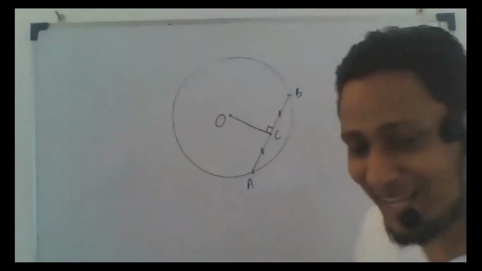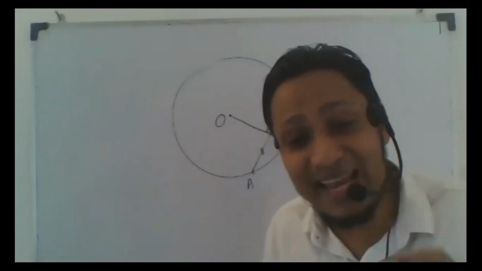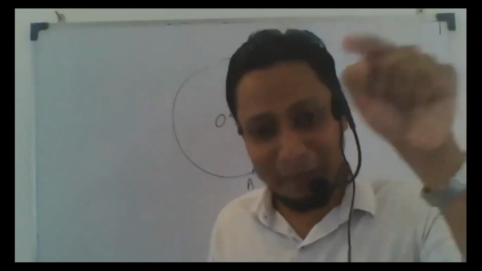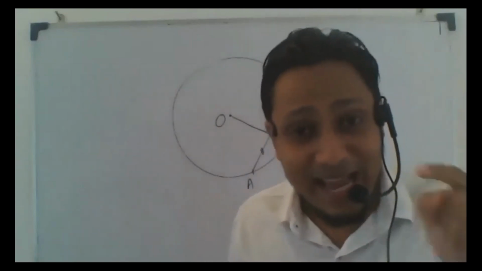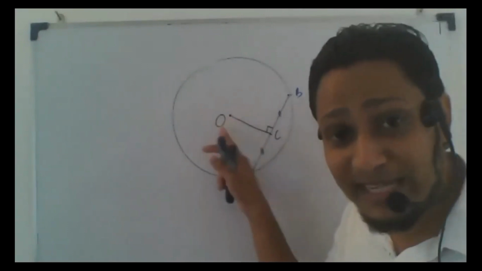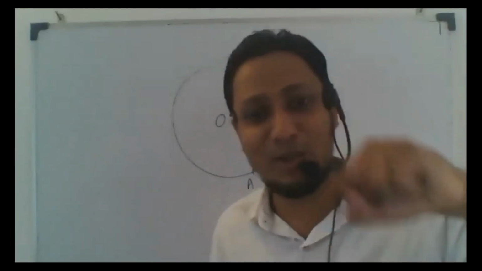So don't say it's 90 degrees. Say it like this: that line is perpendicular to whom? Perpendicular to the chord. The line drawn from the center to the midpoint of the chord is perpendicular to the chord.